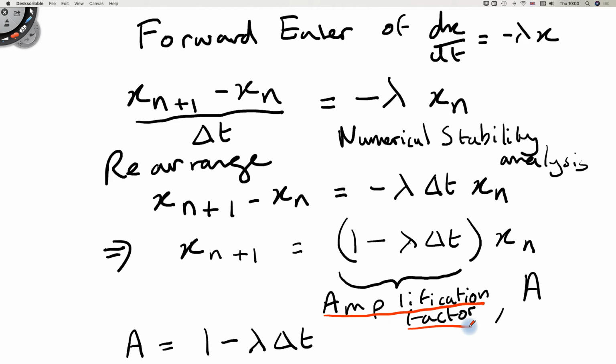And then the next step is to make inferences from it, which is looking at different categories of values of lambda and delta t. Maybe an old bit of algebra, a very quick bit of algebra, but I don't apologize for revisiting it because I really want to get these ideas of stability and of course accuracy ingrained.